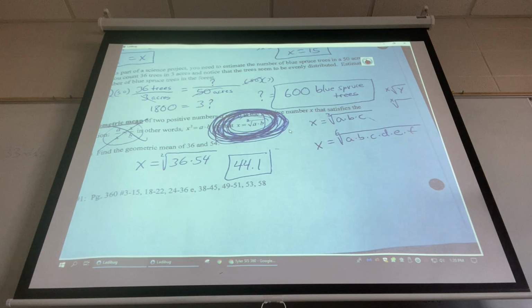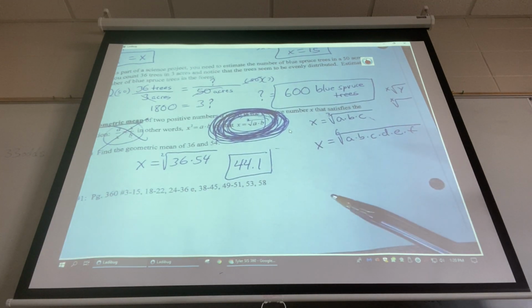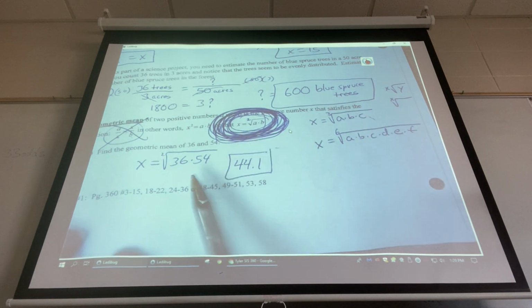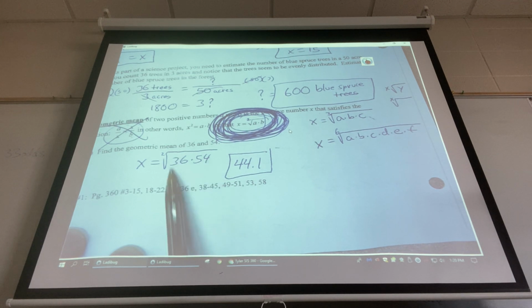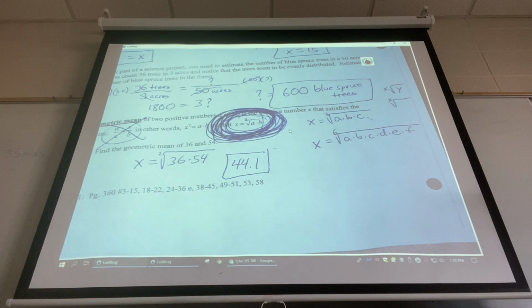Now, what's kind of interesting is you can compare this to the typical average that you find, the average mean. Typically, how do you find the average of things? You add them up and divide by 2. Well, what would the average be for that? 45.